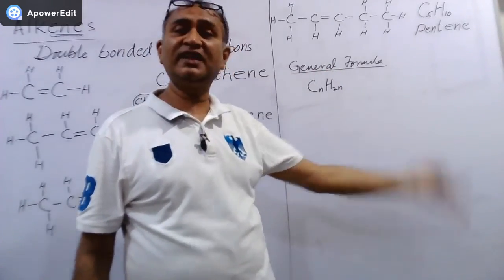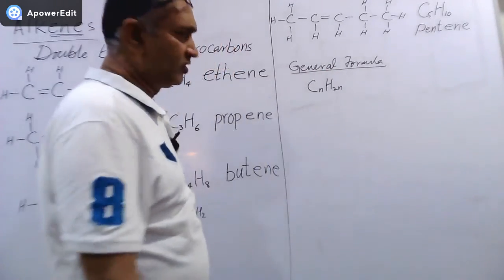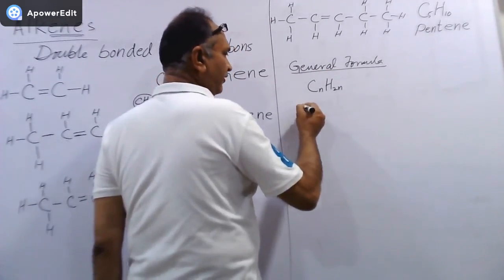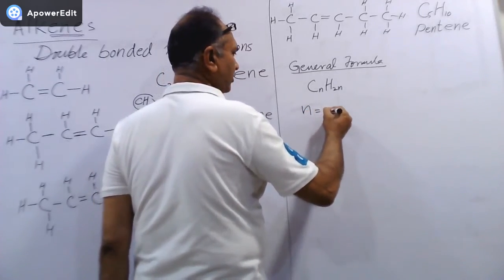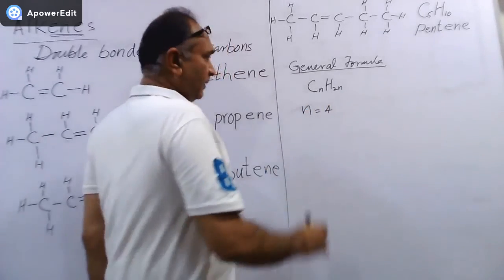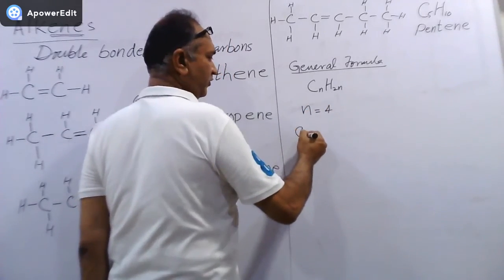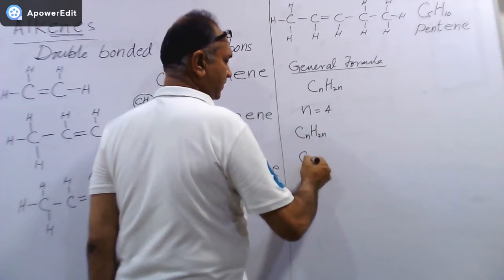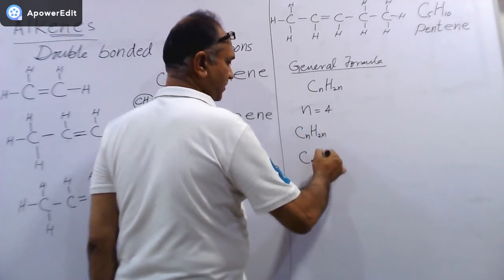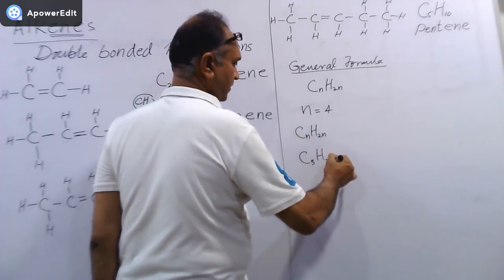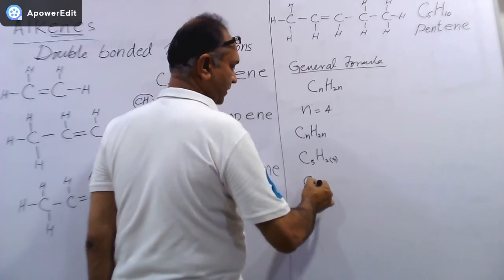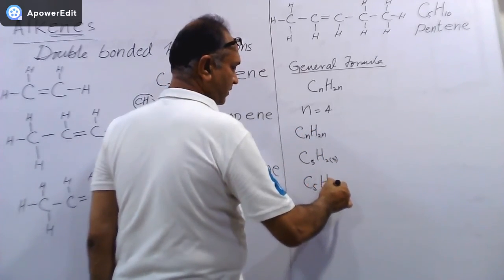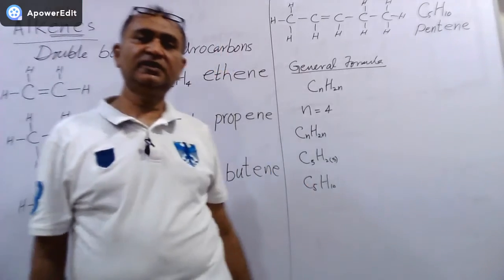Because two hydrogens are less. You will see afterwards. Now, if n is equal to 4, then the formula gives C4H8. If n is 5, C5H10.